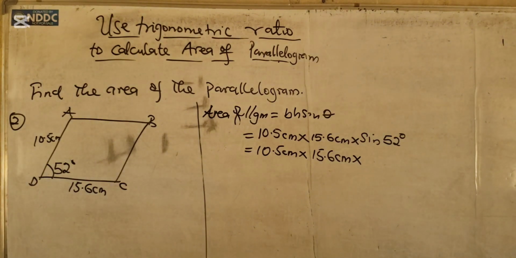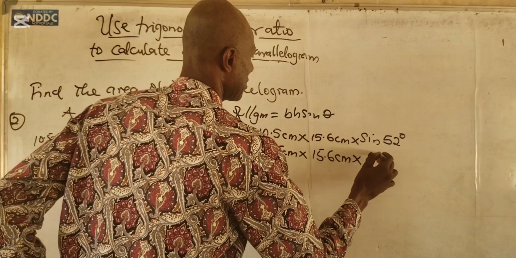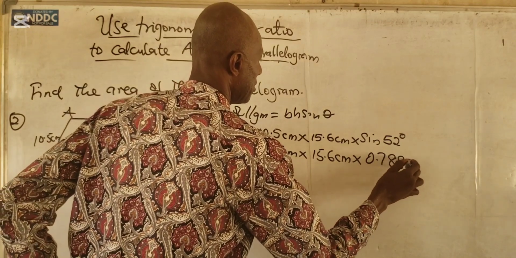What will that give to us? Sine 52 is 0.7880.